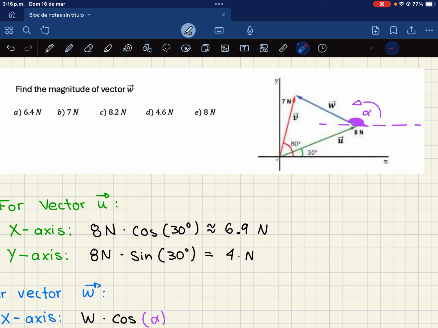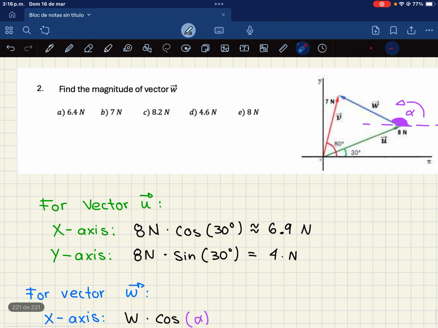To decompose it in the y-axis, we use the sine of the vector's angle measured counterclockwise multiplied by the magnitude of the vector. Using the calculator for support, we obtain the following.